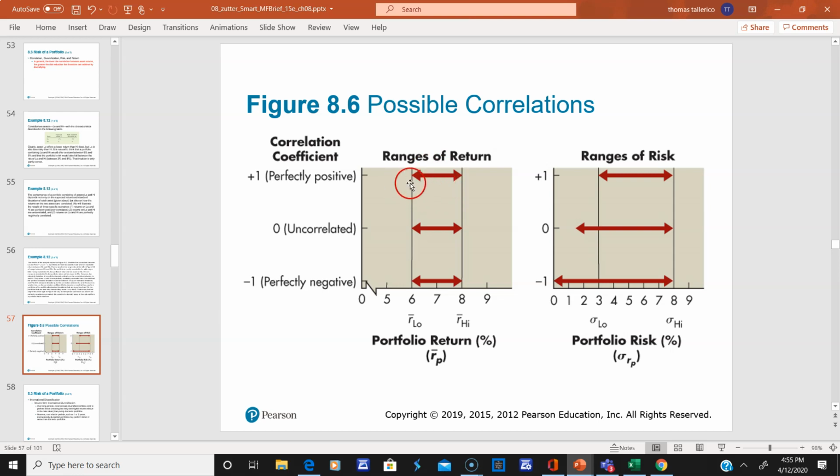Plus or minus 1 is perfectly positive, 0 is uncorrelated, and low to high here is negatively correlated, right? So these are the ranges of returns, and here are the ranges of risk, low and high standard deviation, right? So here are your possible correlations, the returns, and the standard deviation.